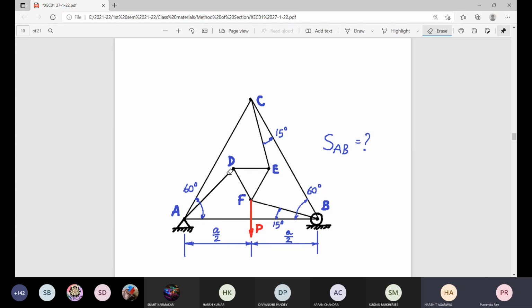Now another equilateral triangle DEF is there, and these are connected by the members AD, BF and CE, and the geometry is very simple. From these 60-degree sides, 15-degree deviation, 15-degree deviation, 15-degree deviation, these three lines are drawn.